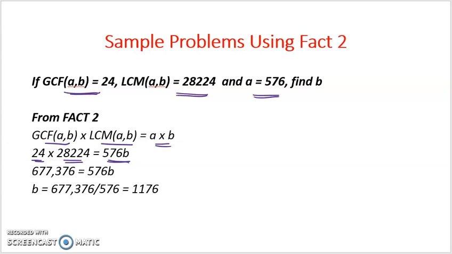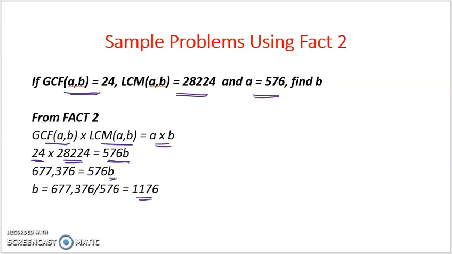That yields an equation, 677,376. That's hard to say when you're recording a video. Equals 576B. When I solve this equation for B, I have that B equals 677,376 divided by 576, which equals 1176.